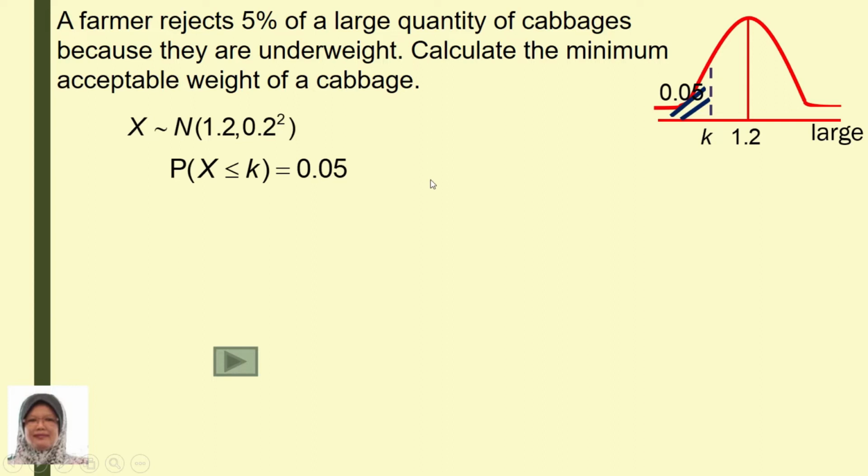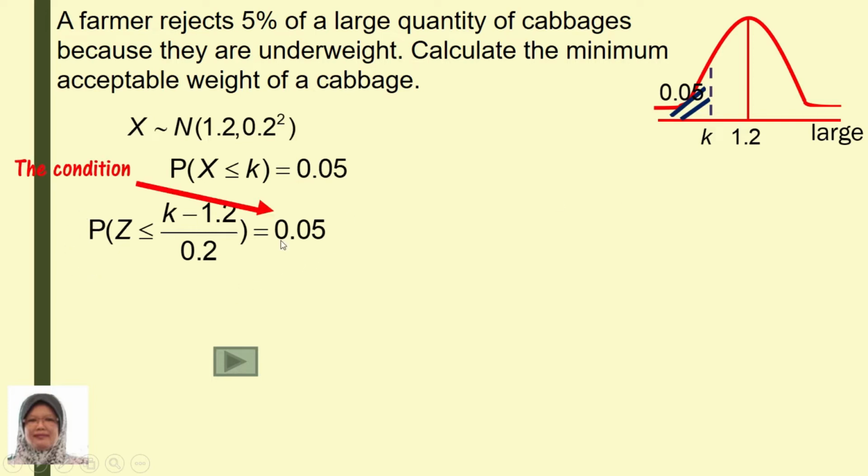We change to Z. We get P(Z ≤ (K - 1.2)/0.2) = 0.05. Look at the condition. The area is 0.05. We can read from the table, but the symbol is less than or equal to, so we cannot read from the table.